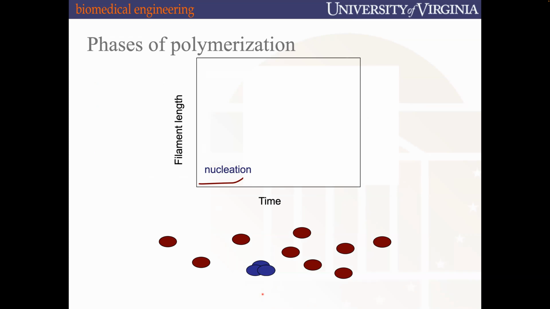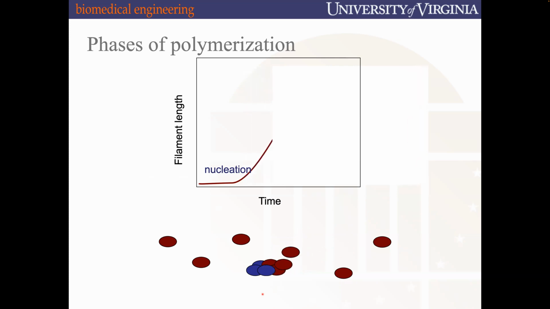So nucleation doesn't have to refer to a polymer chain or a cytoskeleton filament starting from nothing. It can be any kind of new growth of a polymer chain. But this initiation point is always called nucleation, and this is the beginning of the growth phase of this polymer.